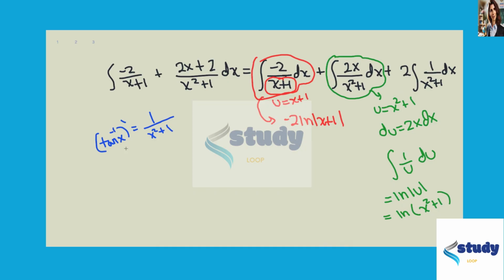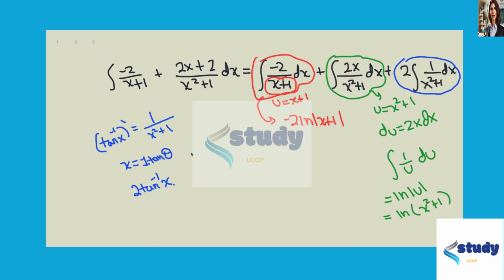Sorry, I forgot my inverse on the tan. But if you forgot that fact, you can feel free to do a trig substitution here. x equals tan theta. So using that trig sub here, this integral should become 2 tan inverse x.